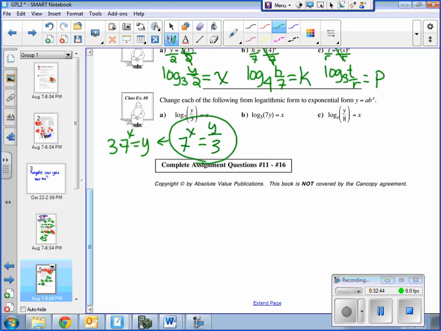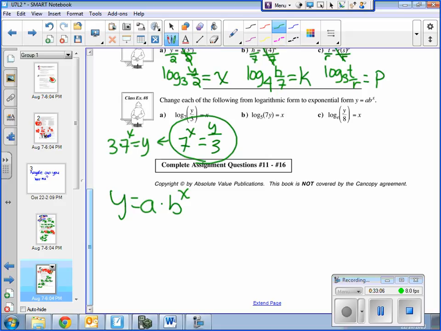If I multiply the 3 and the 7 to make 21 to the exponent x, it's going to throw everything off. The x exponent of 7 is a different term than 3. We're writing in the form y equals a times b to the x. We never multiply the a and the b. So this is how you leave it. Good question.